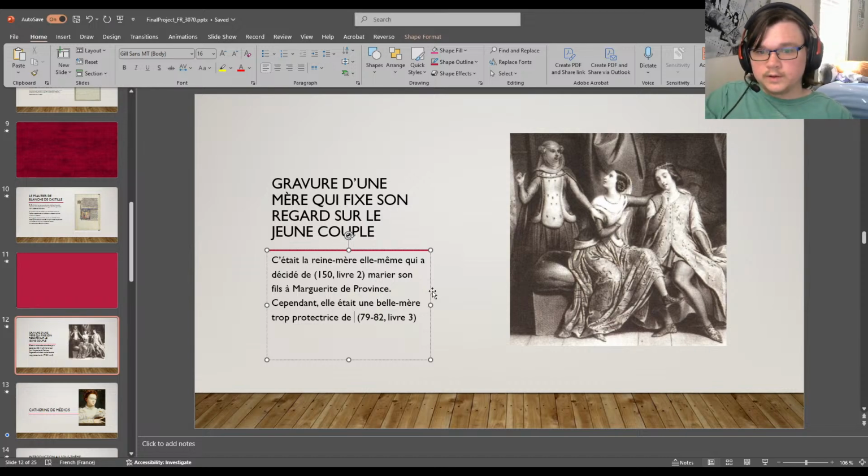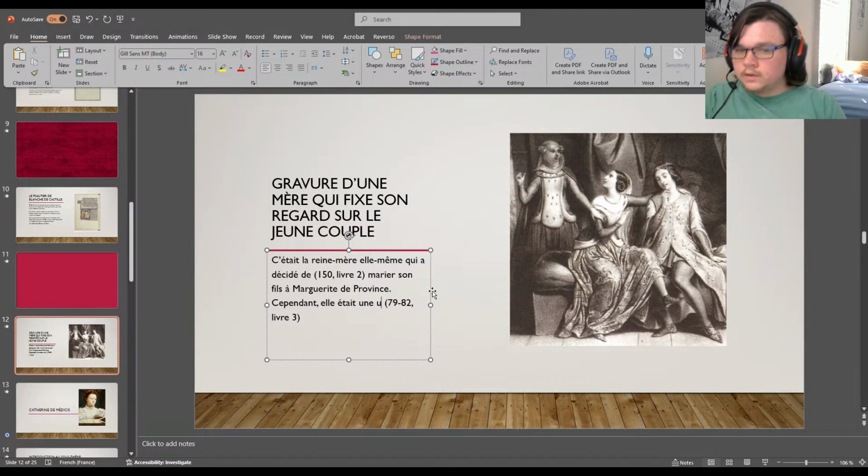Surprotect. Oh, okay, there we go. Elle était une mère surprotectrice de son fils.